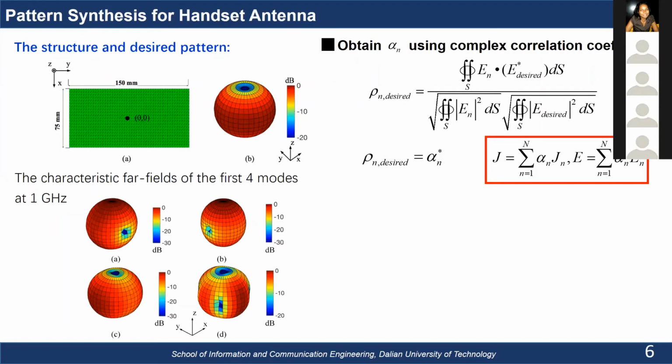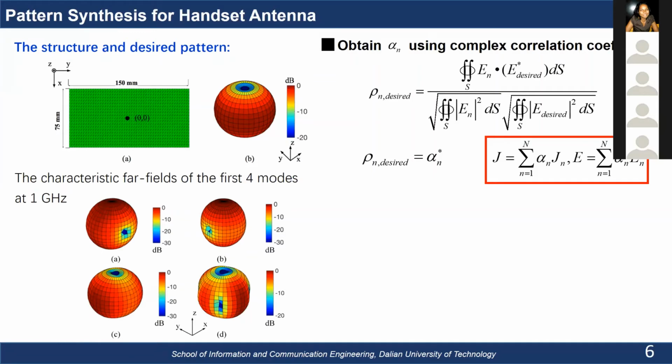Thanks to Nikolai, previously he has already introduced the relationship between the correlation coefficient and the weighting coefficient. That is the way we calculate the weighting coefficient here, by calculating the correlation between the characteristic far field and the desired radiation pattern.